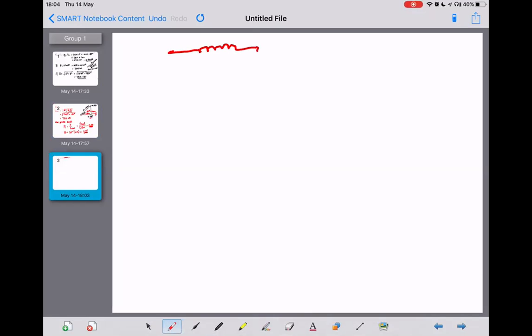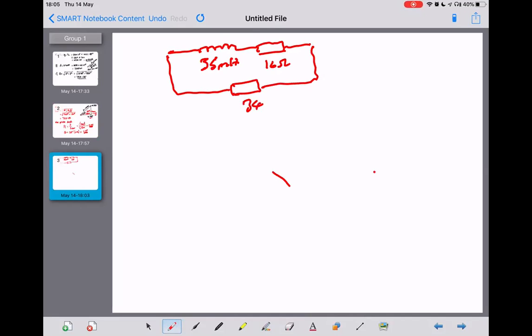The inductor has an inductance of 35 millihenries and resistance of 16 ohms, connected in parallel with a further resistive load of 34 ohms, connected to a 110 volt supply at 50 hertz.